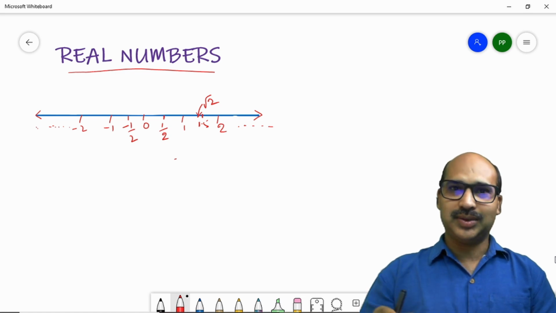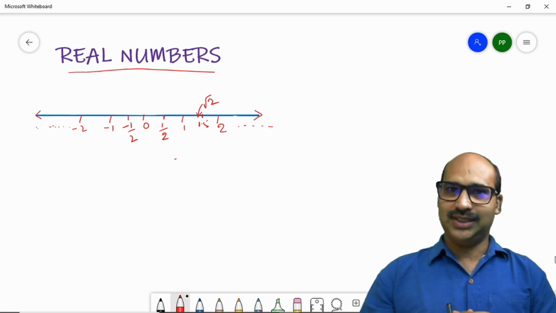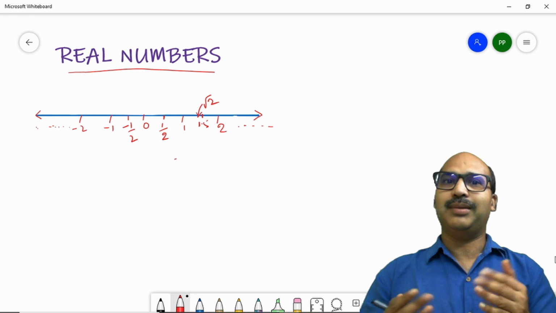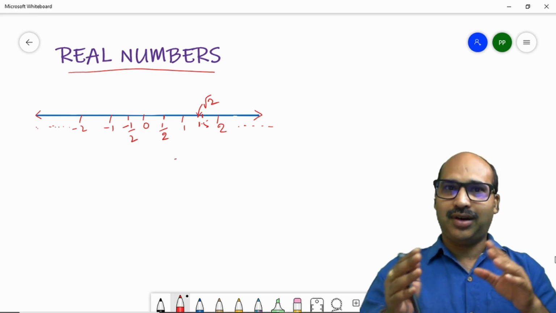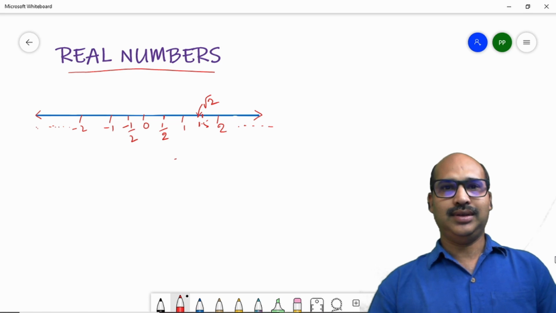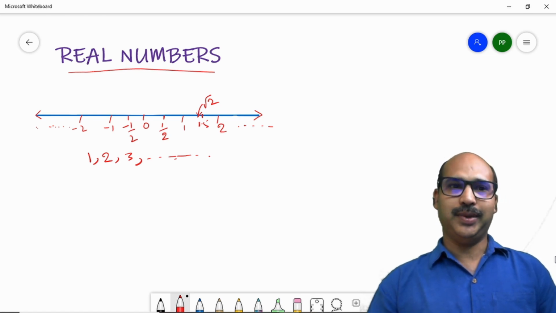After that, monthly groceries and food expenditure, let us assume 10,000, then only 5,000 is remaining. This 5,000 can be saved for emergency purposes. These are all a kind of playing with numbers. Numbers like 1, 2, 3 and so on. These are all real numbers which are helping us.